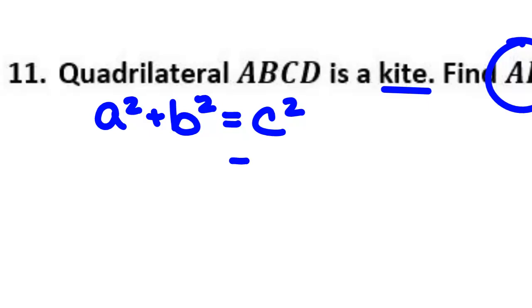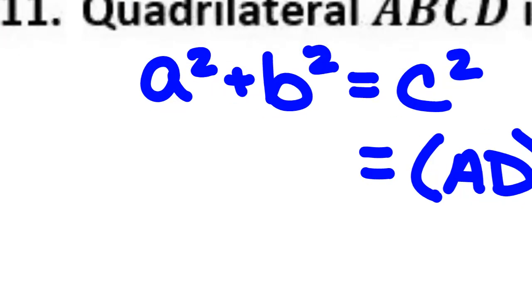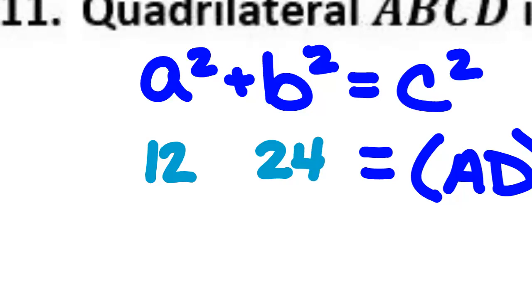So in the place of C, I'm going to put AD. So I have AD squared over on the right-hand side. So what do I put in for A and B? 12 and 24. 12 goes in for one of them. 24 goes in for the other. It does not matter which is which.